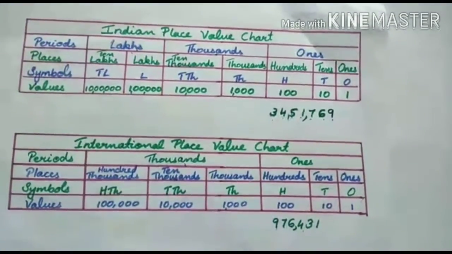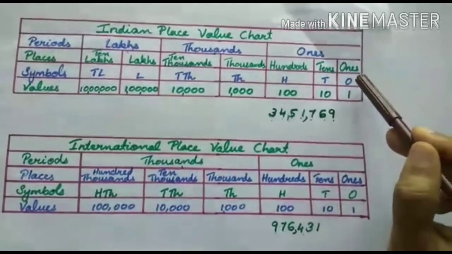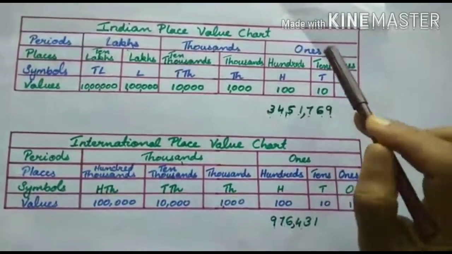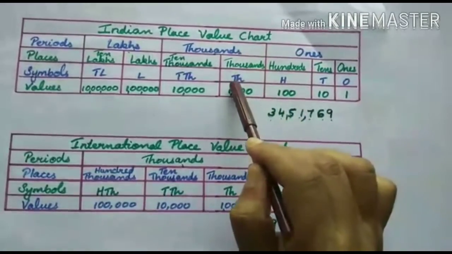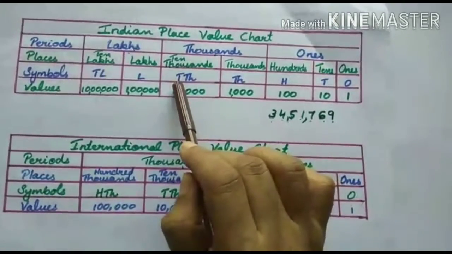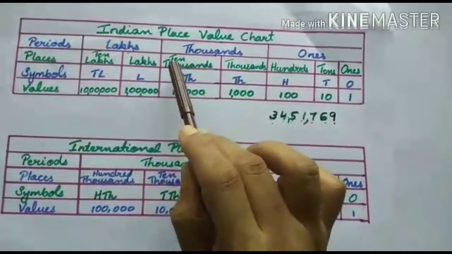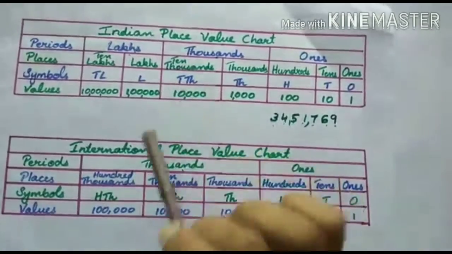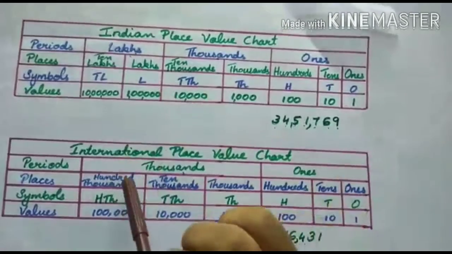Now let us see the symbols that we use to represent these places. For ones, we use capital O; tens, capital T; hundreds, capital H; thousands, capital T and small h; 10,000, capital T and capital H. For 10, capital T. For 1,000, we use capital T and small h.